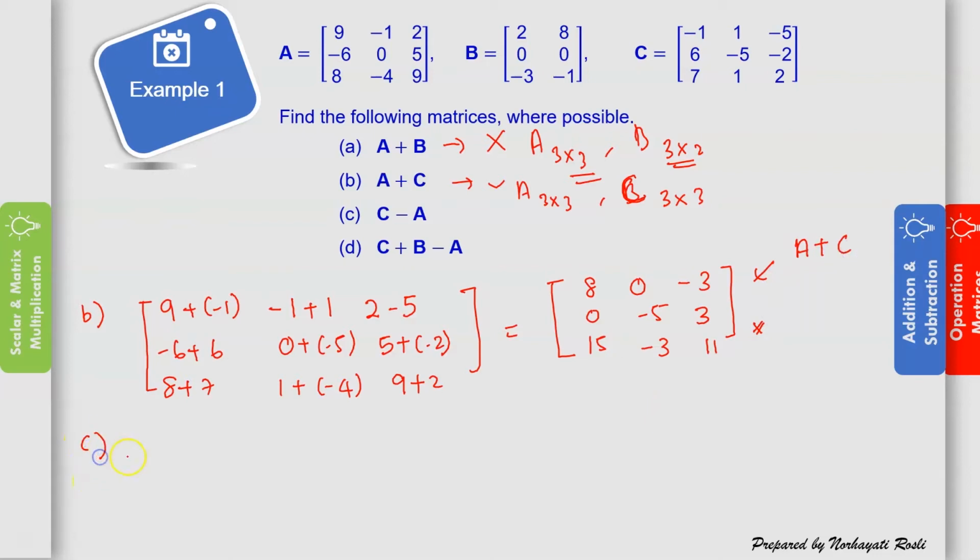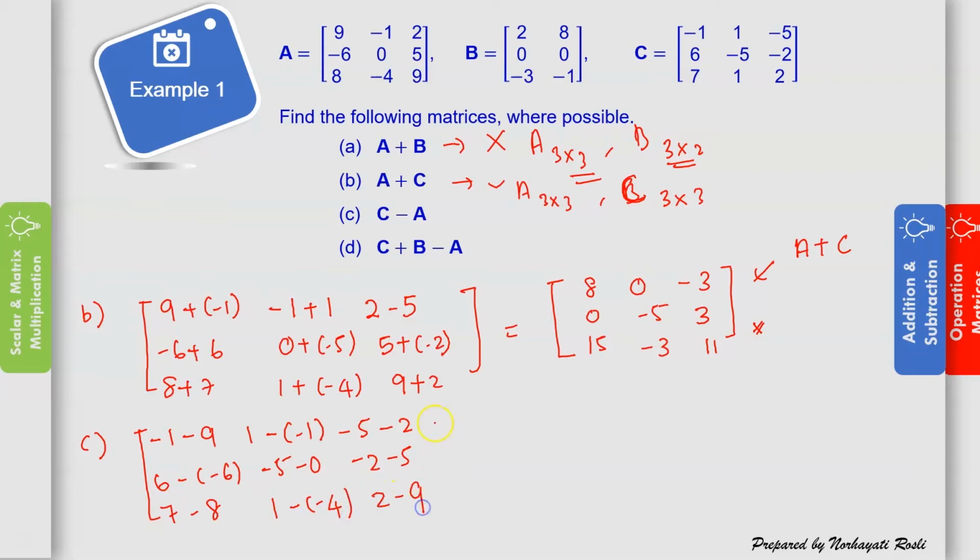For C minus A. Now we have for C a 3 times 3 matrix and A also 3 times 3. So we can subtract these two matrices. We will have C minus A, the element for C negative 1 minus 9, 1 minus negative 1, negative 5 minus 2. And then the next row, 6 minus negative 6, negative 5 minus 0, negative 2 minus 5, 7 minus 8, 1 minus negative 4, and then 2 minus 9.